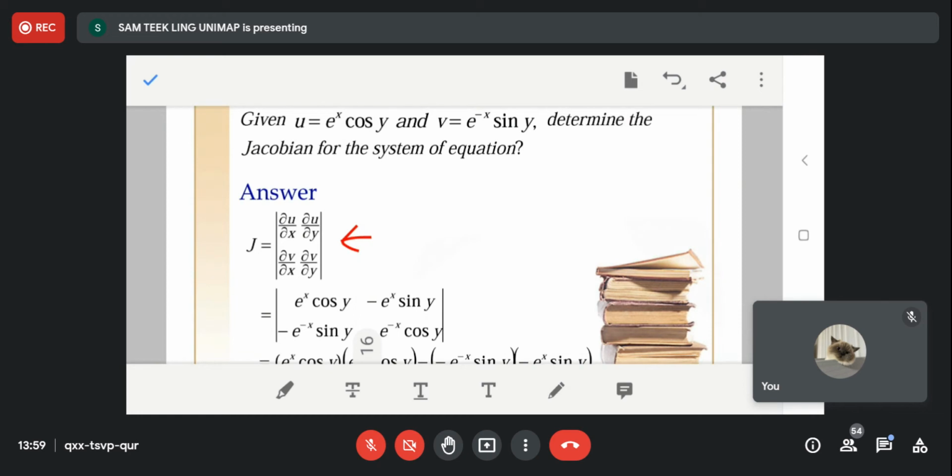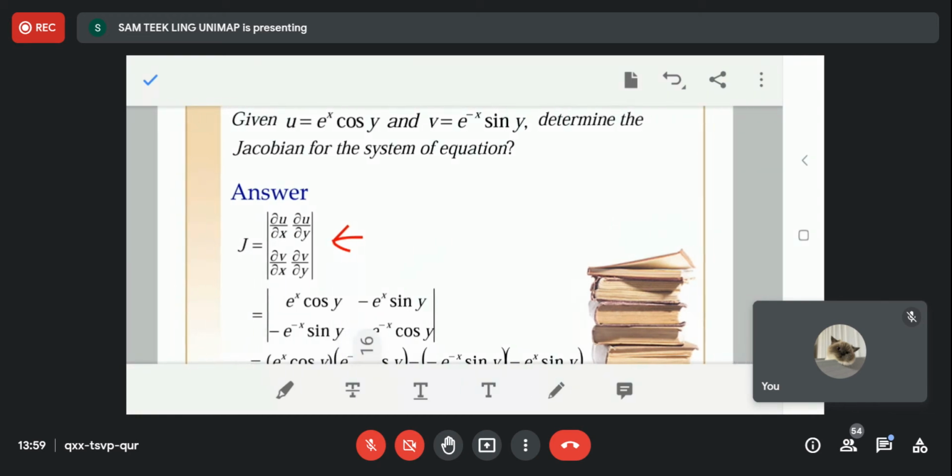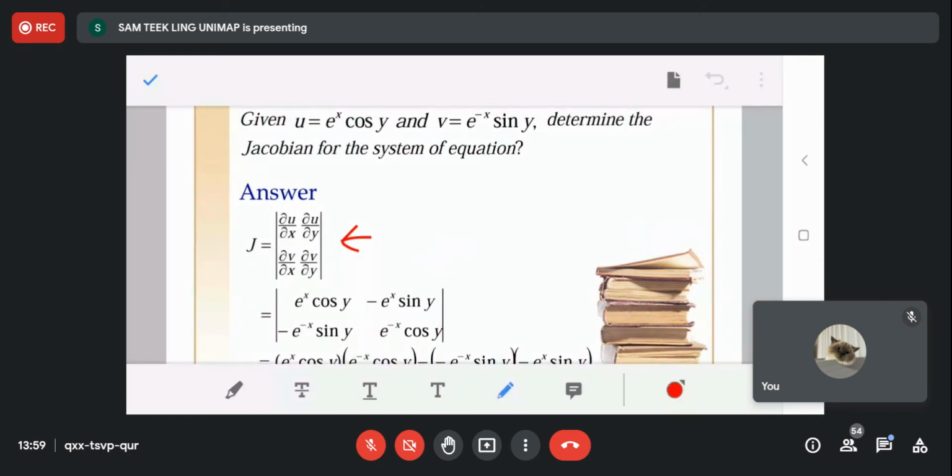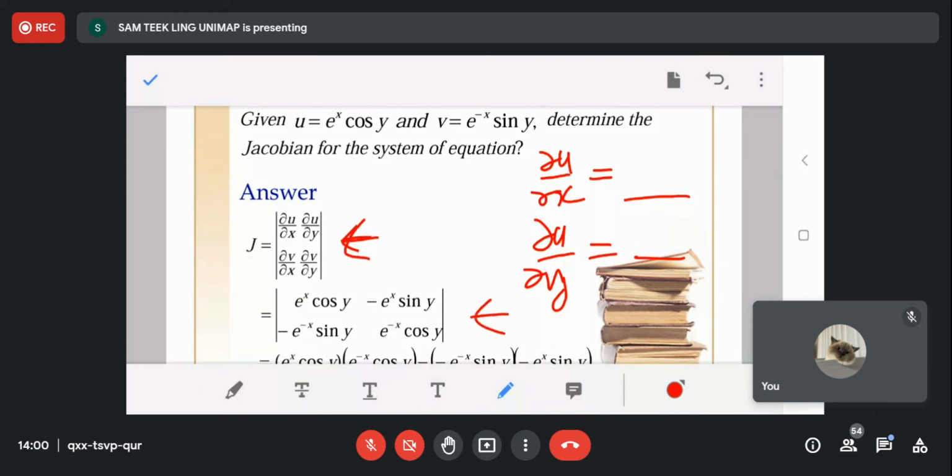Okay, the differentiation del u del x. So you can write it out like this, del u del x, then del u del y, then your answer like this. One by one, you write out, then you put them into your formula. It's okay. If you don't want to, you can write like this: first one, you write this one, then second one, you write your answer.